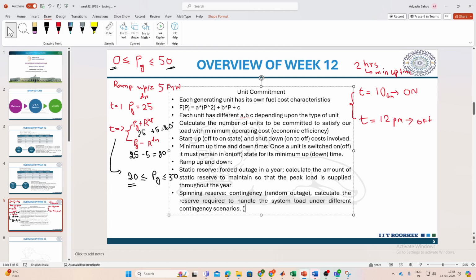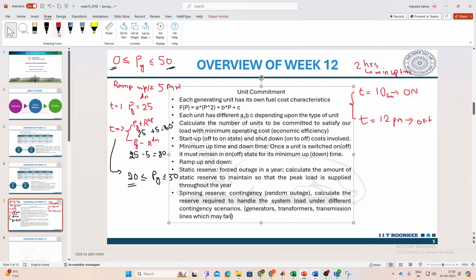So for contingency scenarios, mostly we take your generators, your transformers and your transmission lines. So these are the certain components which may fail.